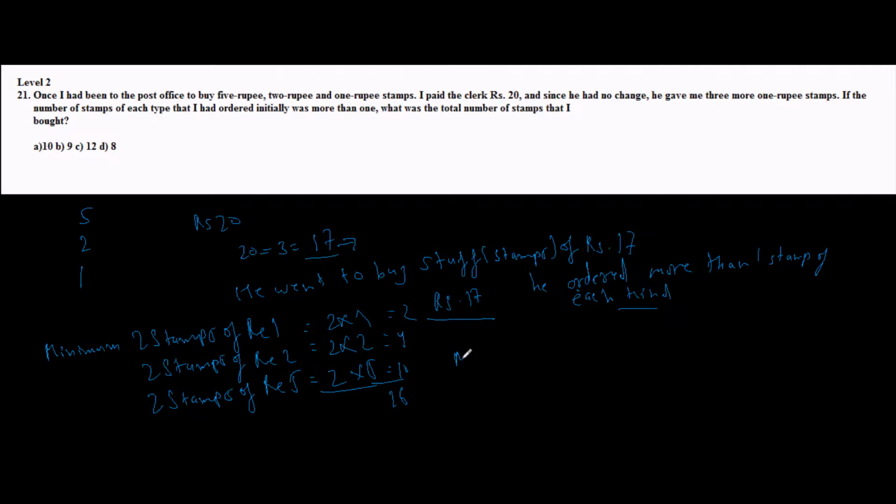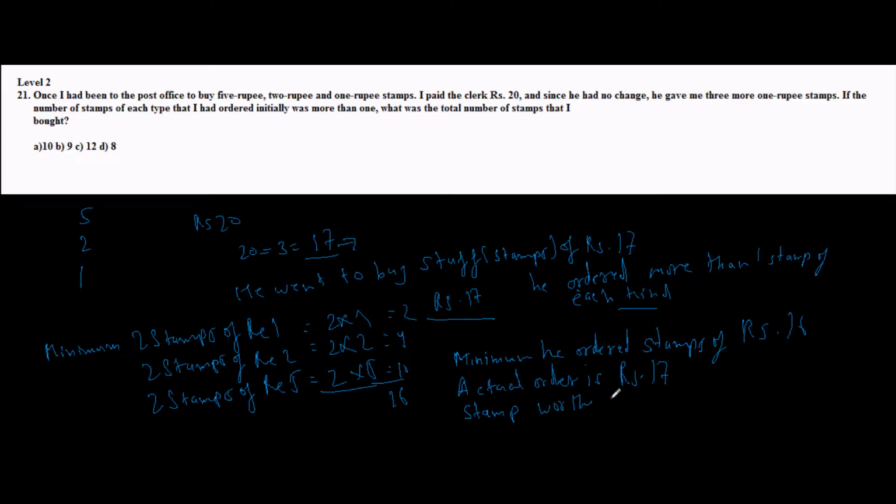So he ordered at least 2 stamps of rupee 1, rupee 2 and rupee 5. That means the minimum he ordered was stamps of rupees 16. But the actual order is rupees 17. That means he ordered a stamp worth rupee 1 more than the minimum.